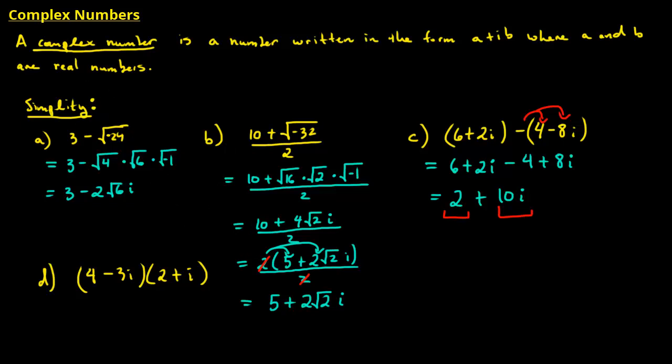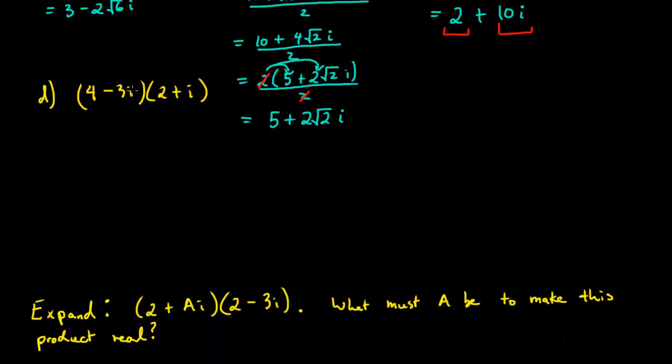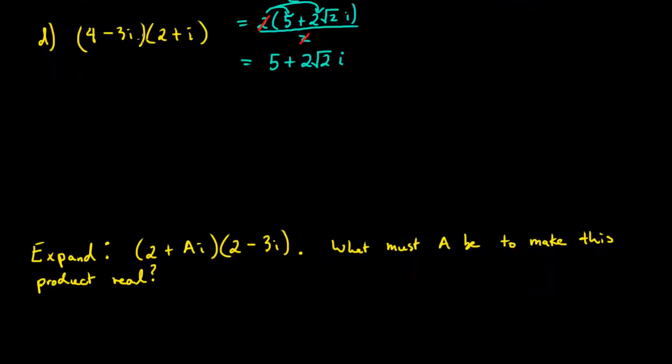Next, let's look at a product of two complex numbers. So here, in D, I've got 4 minus 3i times 2 plus i. Well, here we have to use FOIL, because I can think about this as the product of two binomials.